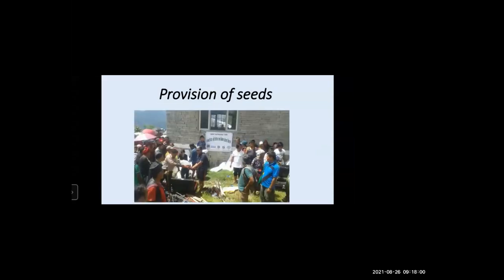Here you can see the distribution of the seeds is done. Electricity. Electricity is also a very important function of Zilla Parishad.